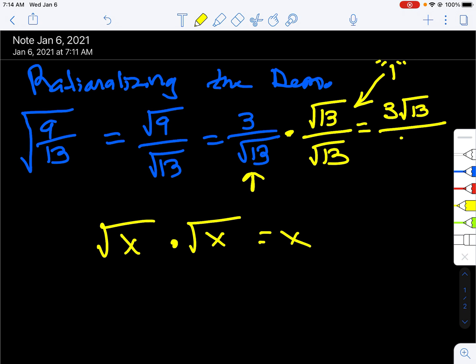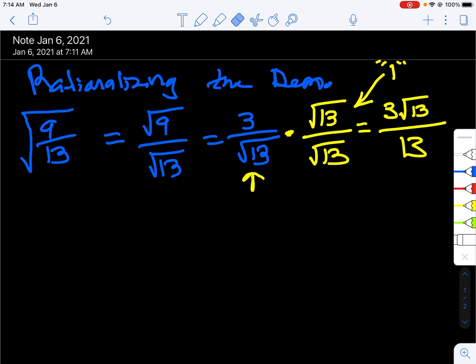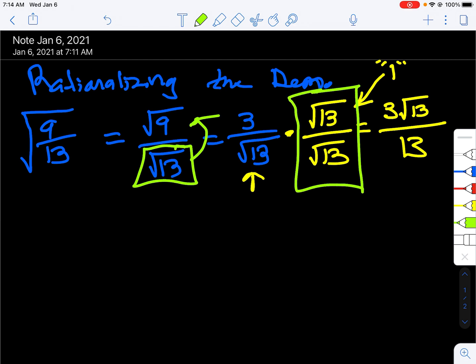So when we do the square root of 13 times the square root of 13, that would just give us 13 on the bottom. So rationalizing the denominator sounds like a really complicated term, but all that it means is that we're getting that square root out of the bottom, and then eventually it will end up being on top, but we do that by multiplying by 1 in a sense.